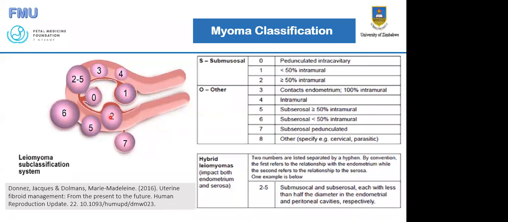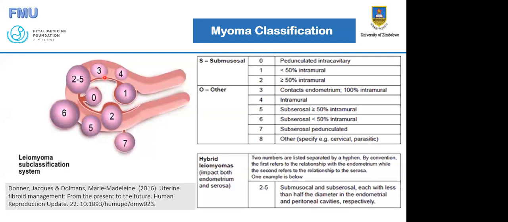Then we have the others. Under the others, we have a fibroid that contacts the endometrium, and it is 100% intramural. It is important to be clear with this one, to say it is indeed contacting the endometrium.